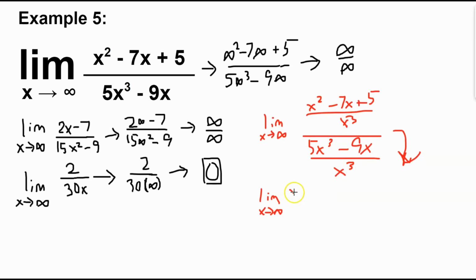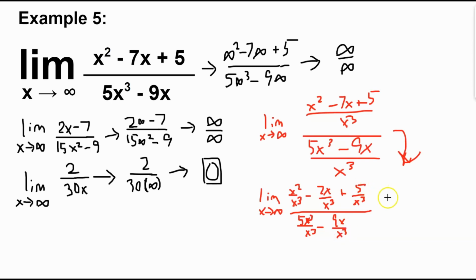So we can write x squared over x cubed minus 7x over x cubed plus 5 over x cubed, all over 5x cubed over x cubed minus 9x over x cubed.